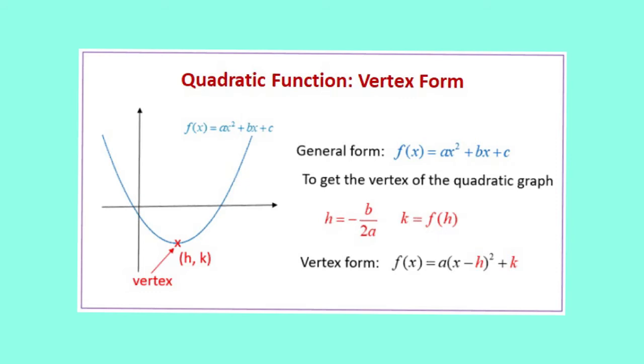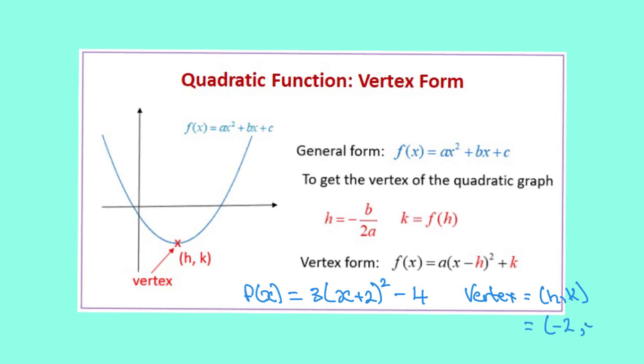We also know that the vertex is at (h, k). So if we've got the equation f of x equals 3 brackets x plus 2 all squared minus 4, we know that the vertex is equal to (h, k), which in this case is equal to (minus 2, minus 4).